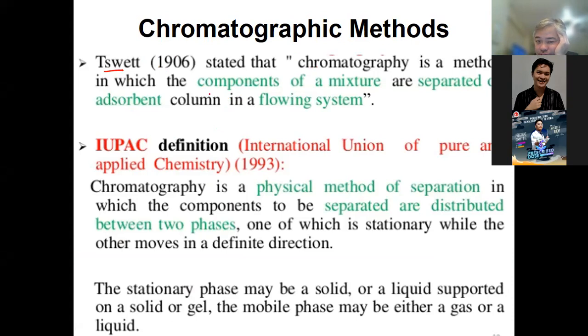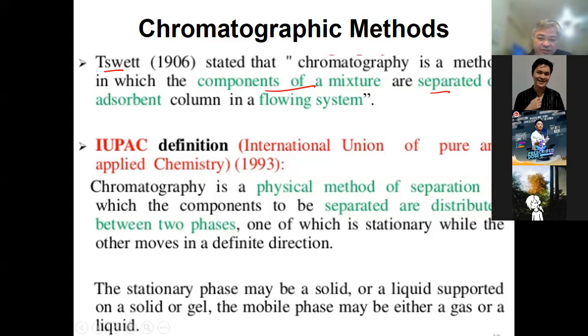So chromatography is a method in which the components of a mixture are separated on adsorbent column in a flowing system. So the IUPAC definition of that is a physical method of separation in which the components to be separated are distributed between two phases. The mobile phase that is moving over the stationary phase.